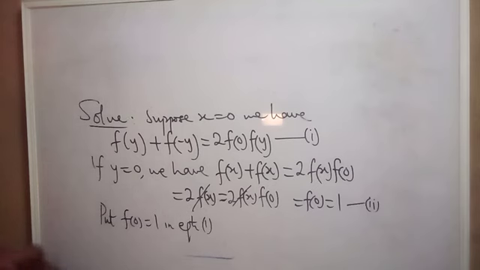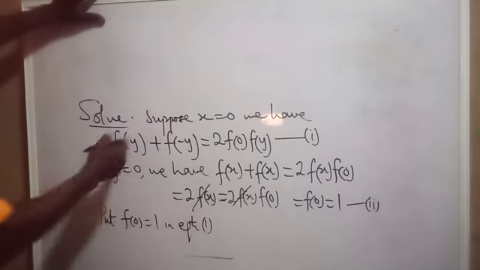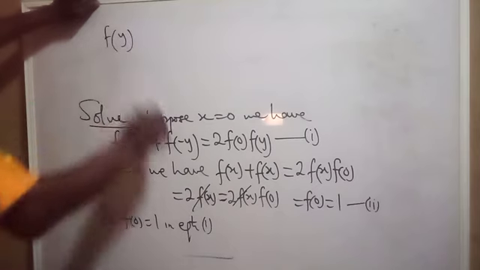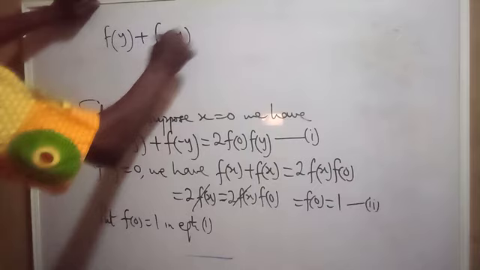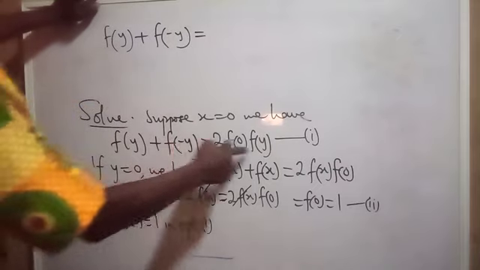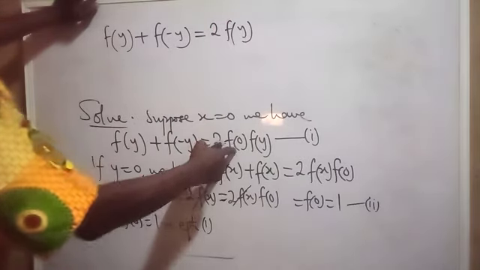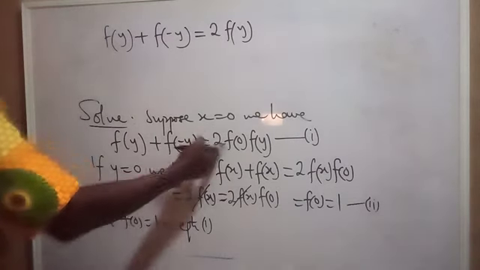Okay, what's our equation 1? We said our f of 0 is 1. So that will be f of y plus f of minus y is equal to 2 f of y, because f of 0 is 1, and 2 times 1 is 2.